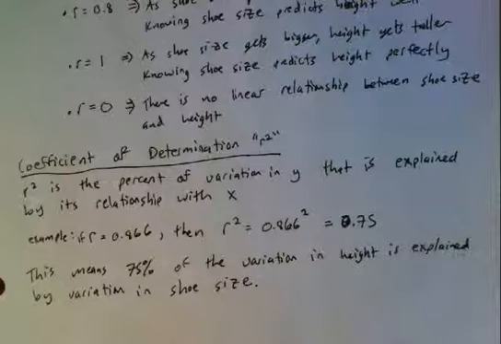It's saying that we know there are all these different heights that people have, but if we know their shoe size, then there's a lot less variation to play around with. It's like 75% of their variation in height is sort of taken out if we were to take out those shoe size differences.